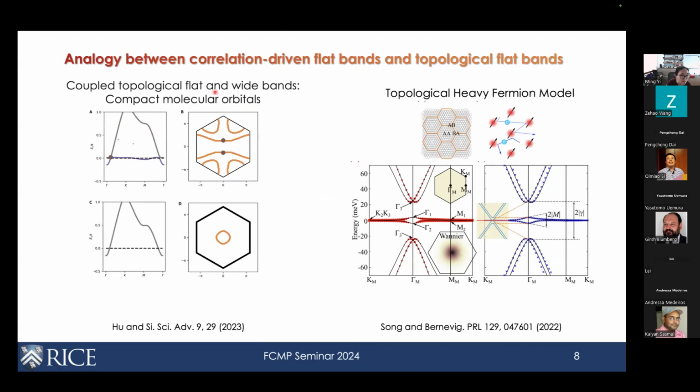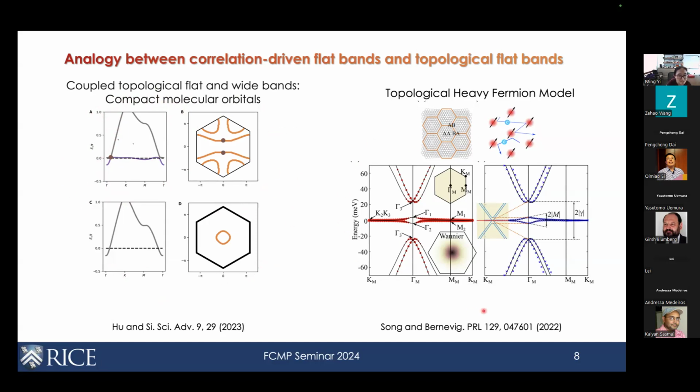The left-hand side is Qimiao Si's group's result, where they've taken together the topological flat band, which has this touching with the dispersive states, as a group, what they call the compact molecular orbitals, and take this as an object which they can then linearize and then map onto the Kondo heavy fermion problem.